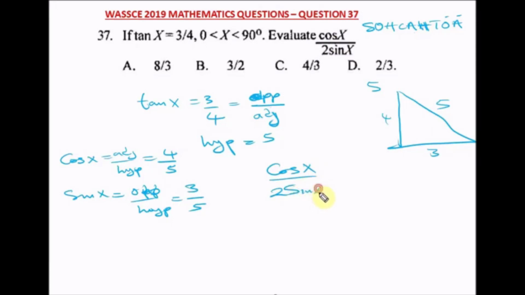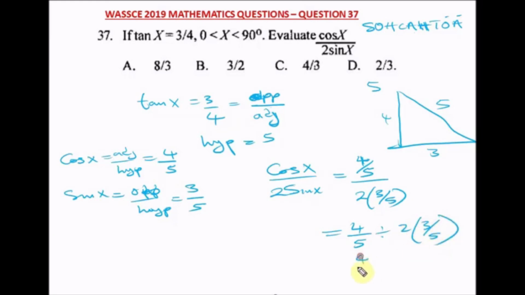So from here we can easily evaluate cos x over 2 sine x, where cos x is 4 over 5 divided by 2 bracket 3 over 5. Let us simplify this. Opening up this bracket, 4 over 5 divided by 6 over 5.